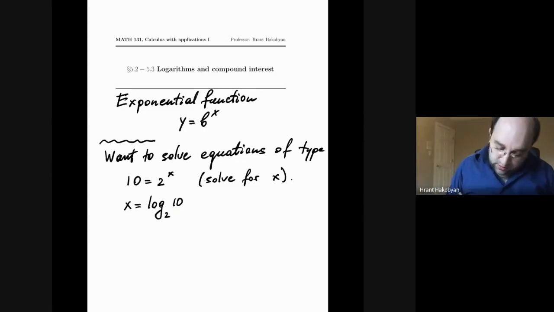So in general, let me write the definition here.